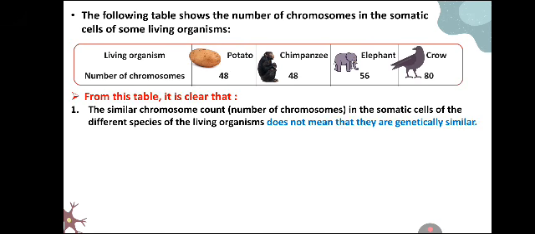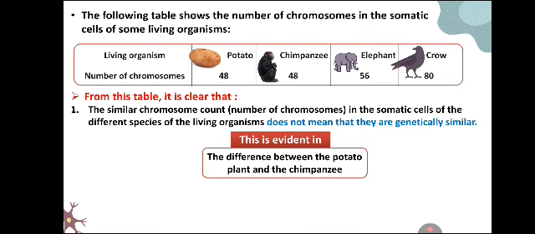As you said here, a similar chromosome count, the number of chromosomes in the somatic cell of different species of living organisms, doesn't mean they are genetically similar. So each living organism has a different number of chromosomes.